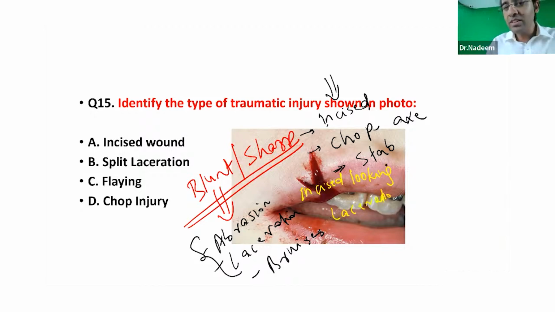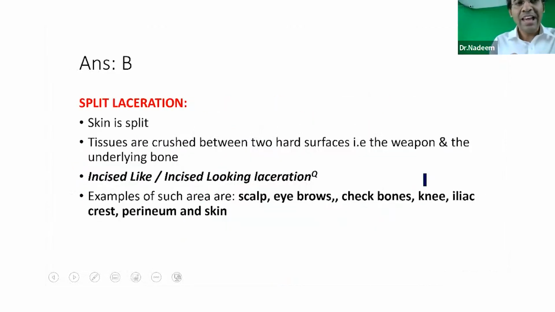Right, this is also called split laceration. Yes, in bony prominence, yes, Dr. Karthik. So this is a split laceration, right? Okay, incised looking laceration.